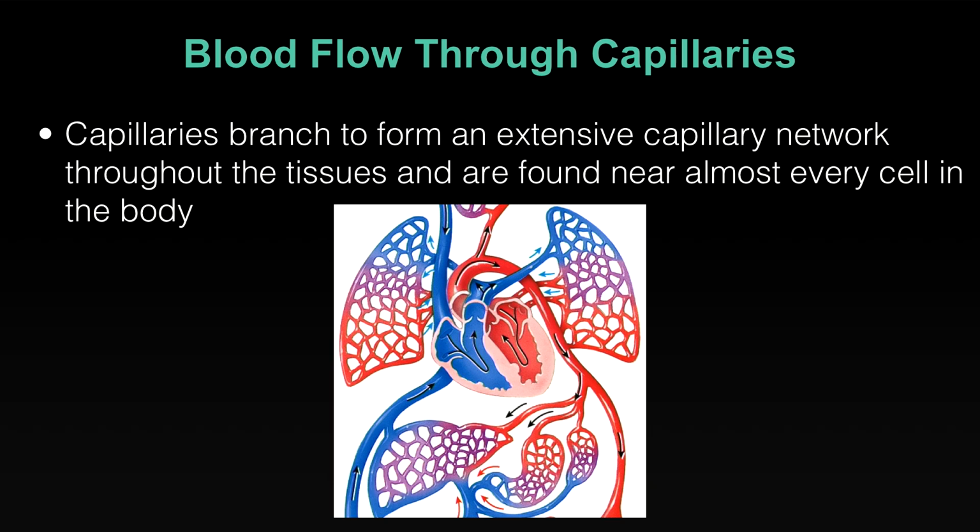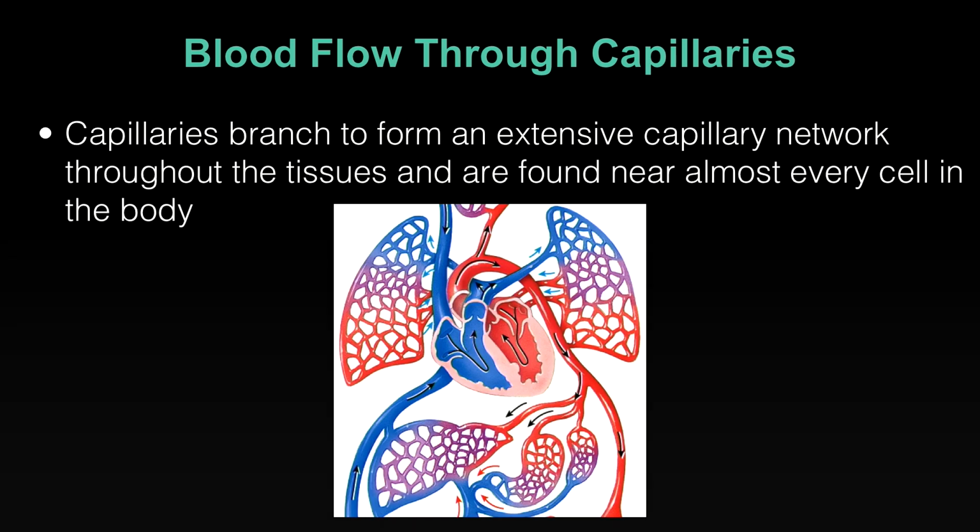Which is good because these substances, as we'll see in a video coming up, are really only crossing by simple diffusion. Remember, so much in physiology is gradients. Things move across capillaries according to concentration gradients, for the most part. So largest surface area possible in close contact with cells gives numerous locations for the exchange of substances.